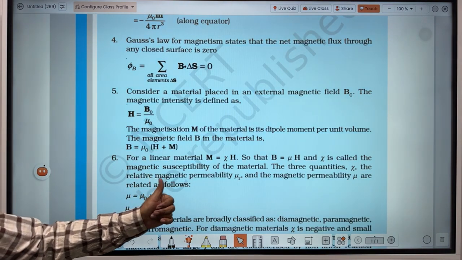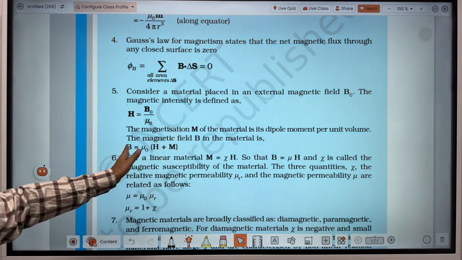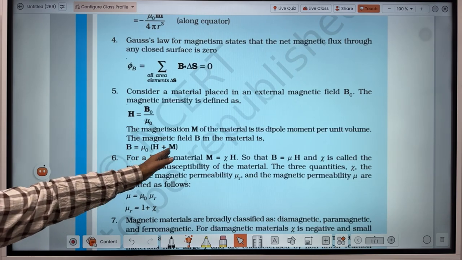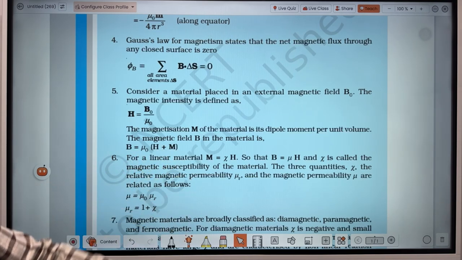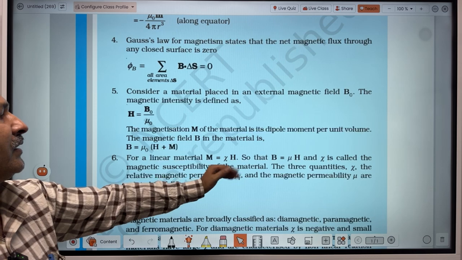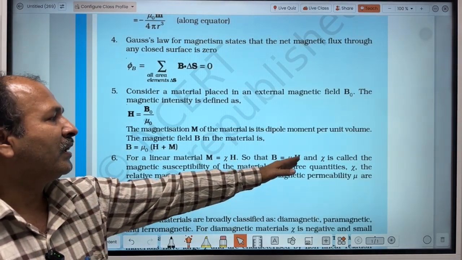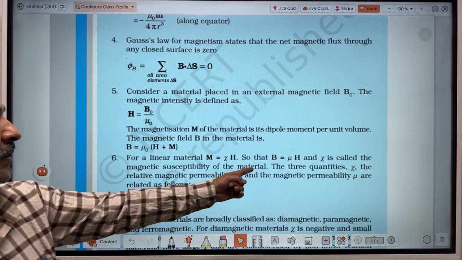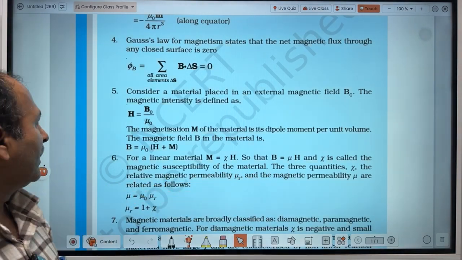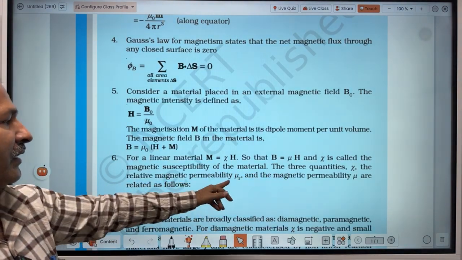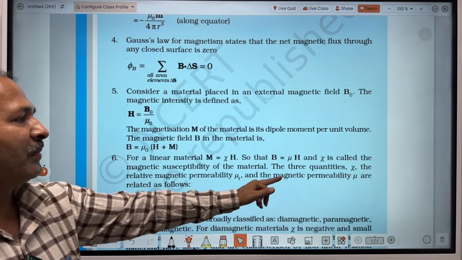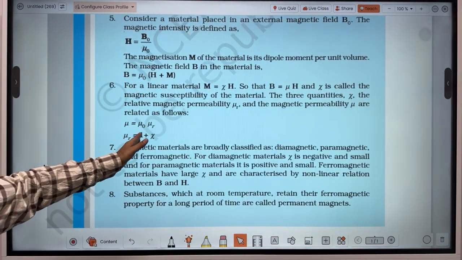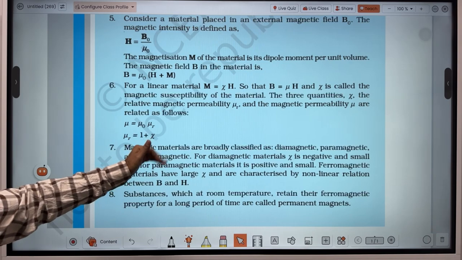So dipole moment divided by volume will give M. The magnetic field B in the material is given by mu naught times H plus M. For a linear material, M equals chi times H, so that B equals mu H, and chi is called the magnetic susceptibility of the material. The three quantities, chi, the relative magnetic permeability mu R, and the magnetic permeability mu, are related by the formula mu equals mu naught mu R equals mu naught times 1 plus chi.